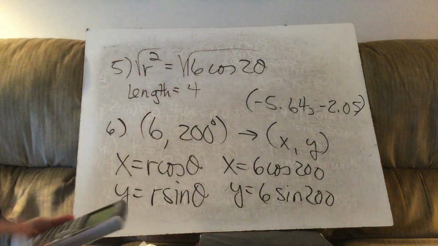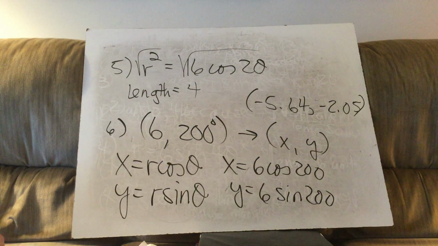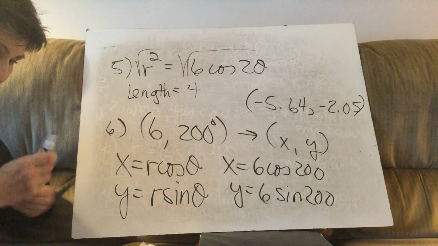And that is the answer to the question. Those are the rectangular coordinates for (6, 200).